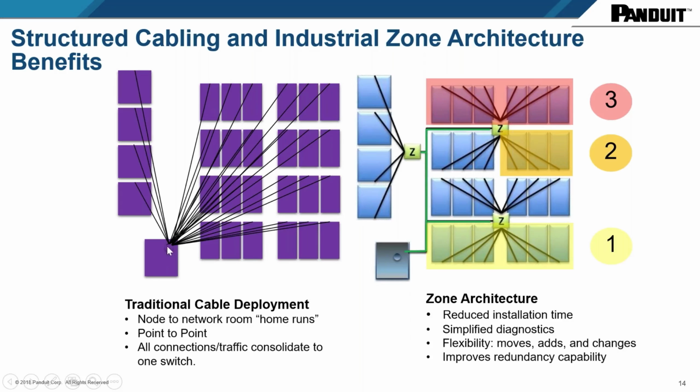That is a very inefficient way of running a cable because that is an expensive cable to start with. And then secondly, it's going to be running for a good long distance. In this type of what we call a zone architecture, you deploy one cable to all of the different zone enclosures that are laid out at different places in the factory, and then use level 3 cabling within an area.